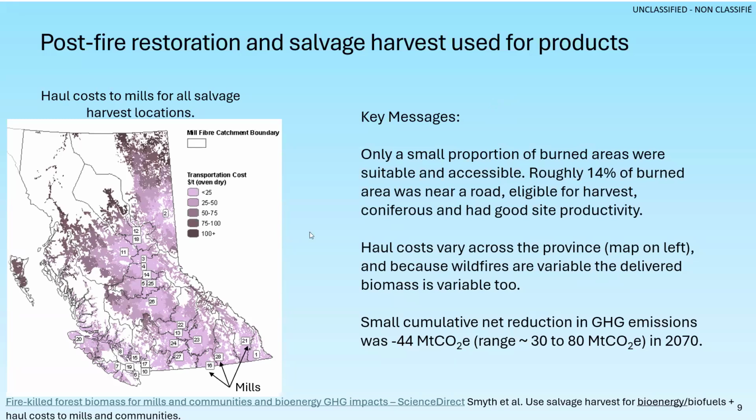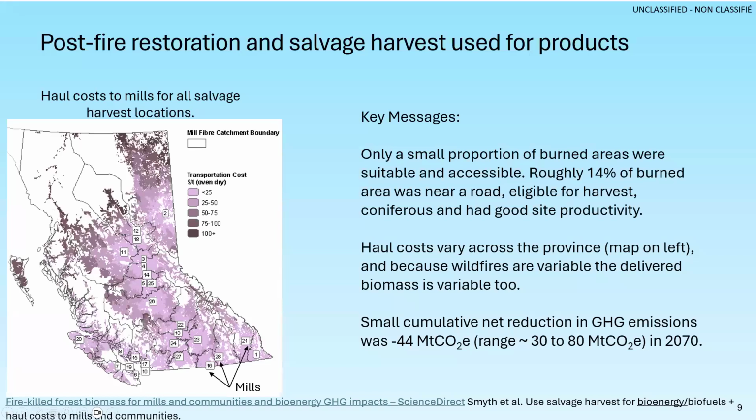And the map on the left shows the map of BC along with different squares to show the 28 mills. And this is a subset of all of the mills in BC. And the different colors show the haul cost to go from the cut block to the mill. And you can see there's large areas where there's no salvage harvest.